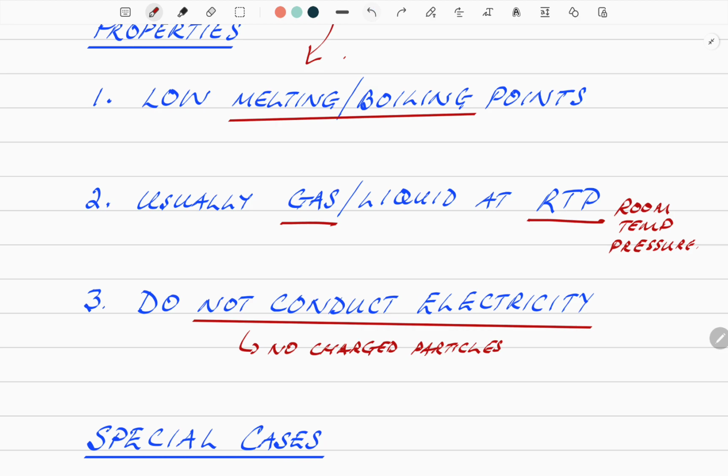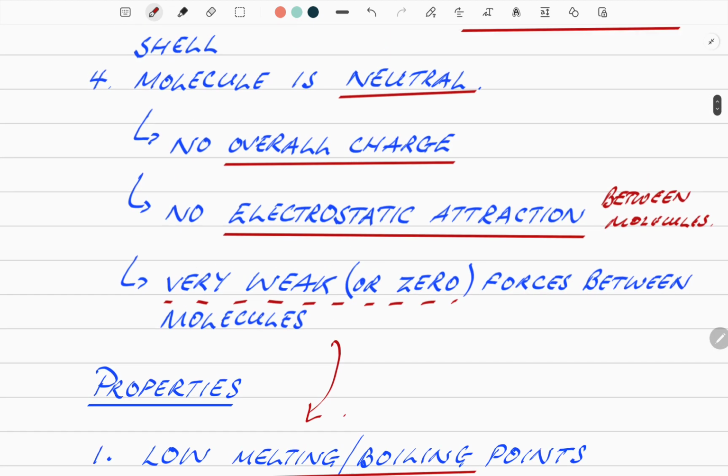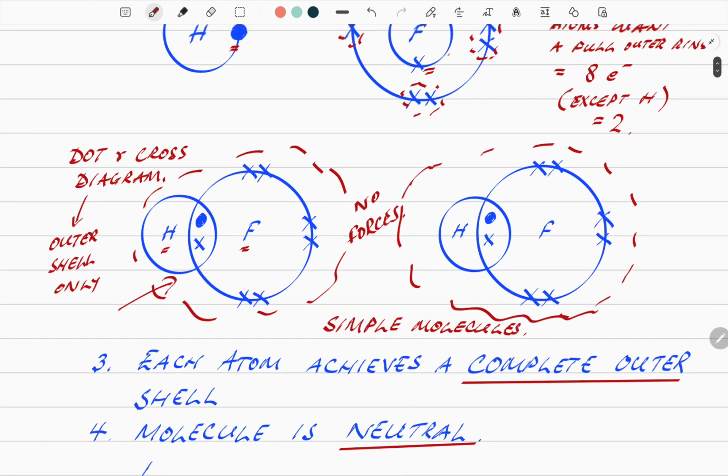To flow around, if you want to move it that way, to move or flow. Okay. The other important thing to note is that the actual covalent bonds between the atoms within the molecule are very strong.